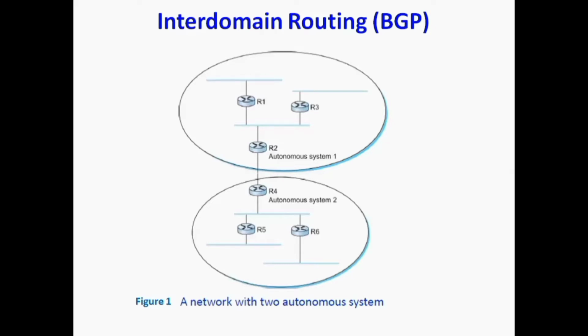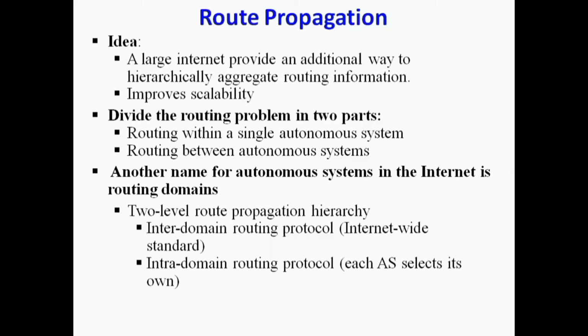Figure 1 shows a simple network with two autonomous systems. The basic idea behind autonomous systems is to provide an additional way to hierarchically aggregate routing information in a large internet, thus improving scalability.